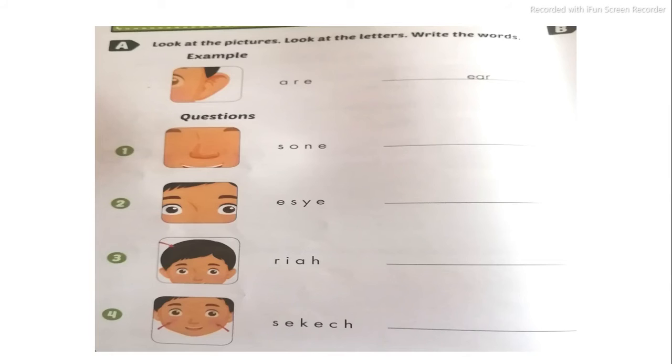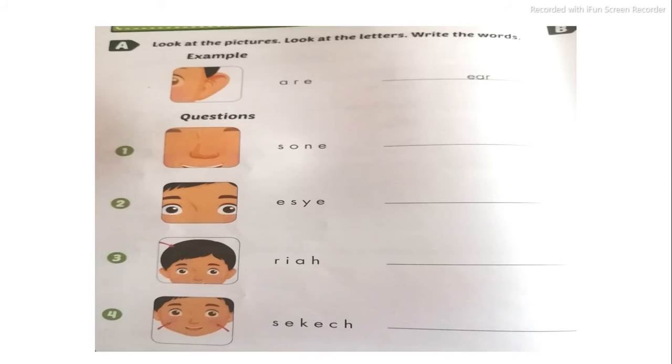Section A says look at the pictures, look at the letters, and write the words. Can you see the example? It's a picture of an ear. The letters are given, A, R, E, and you have to write them down in the correct order: E, A, R.